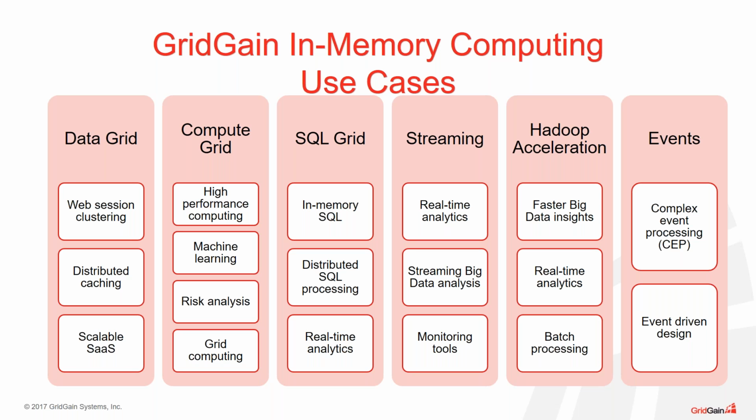If we pick out the ones that would be good for our mobile apps, we might be looking at distributed caching, the scalability, high performance computing like real-time analytics, distributed SQL processing, all these things that give us power and scalability, because that's what we really need when we start building infrastructure to support mobile applications.